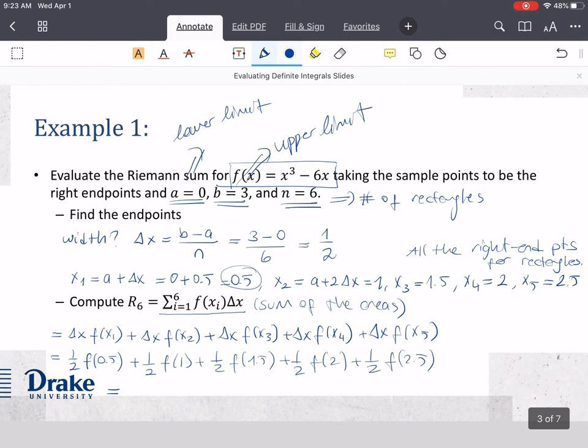What I'm going to say is just note, you use f of x equals x cubed minus 6x to calculate each of these f values. And then overall, when you do it, you're going to be getting negative 3.9375.